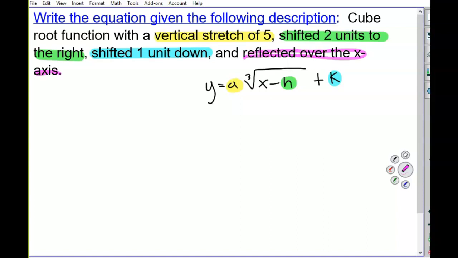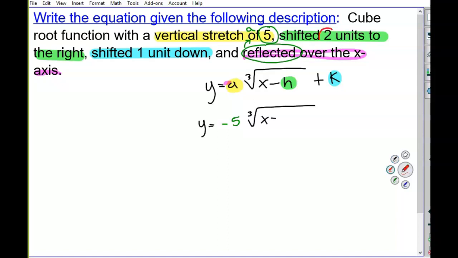And you see that reflection, that's the negative piece there. So when I read this, I'm thinking, there's my a, but it's going to be a -5 because of the reflection. So those two are kind of connected. And then I have x minus h.